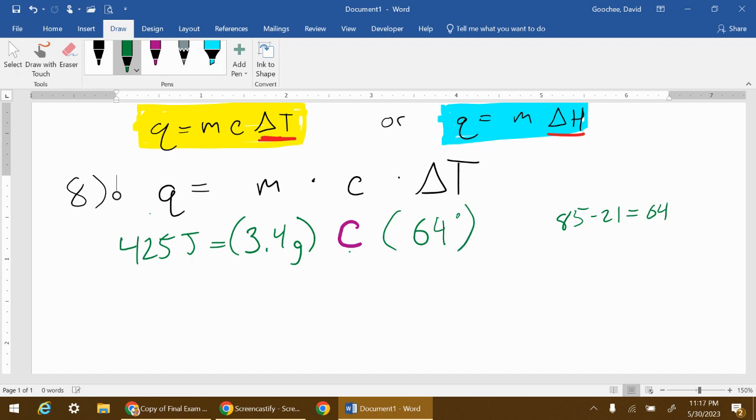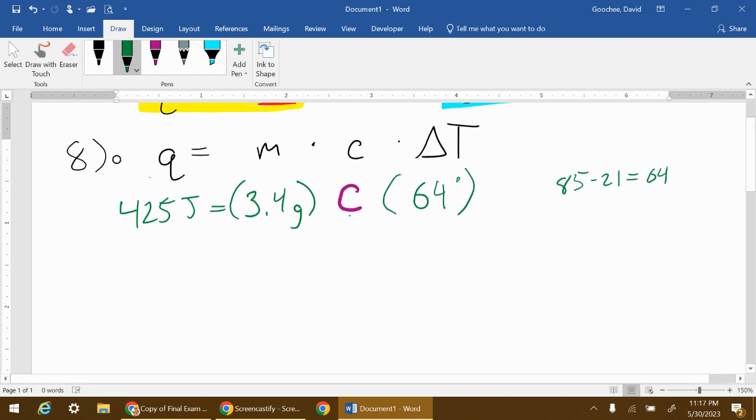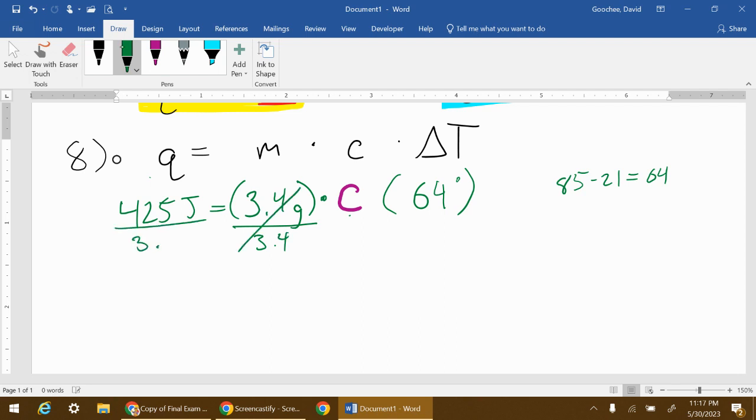So we have got to solve for C, which means getting it by itself. C is being multiplied by 3.4, so we're going to divide both sides by 3.4. And C is being multiplied by 64, so we're going to divide both sides by 64. And we'll get our answer.